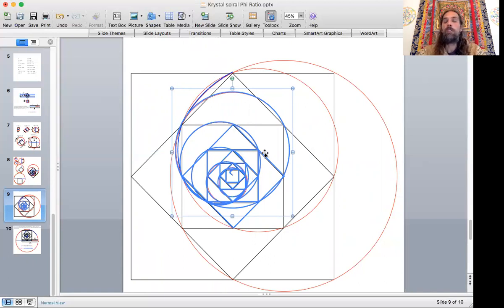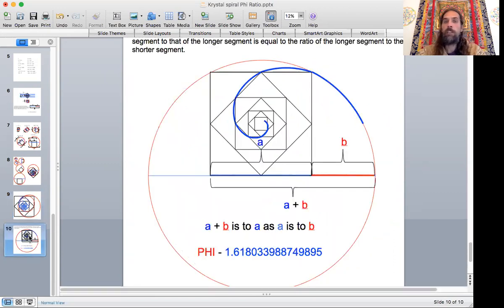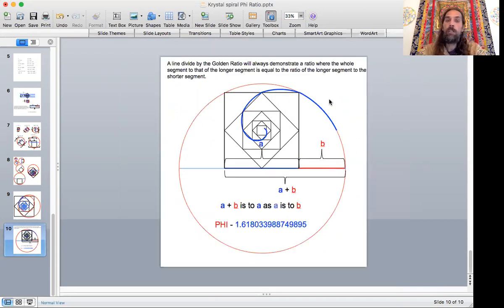Just knowing that the phi ratio is embedded in this whole design is interesting to ponder, because there have been some difficulties with the phi ratio from the crystal spiral folks' relationship to it. So just to see that it's in this is interesting. I find this to be another one of these really unifying videos that sees it from another perspective and shows how it all is linked together.